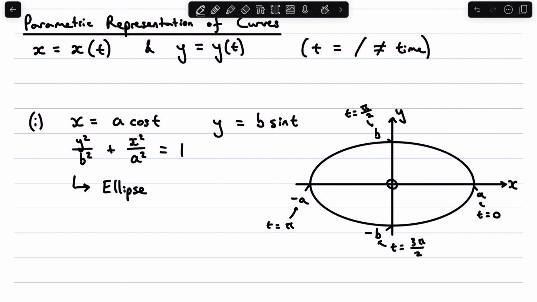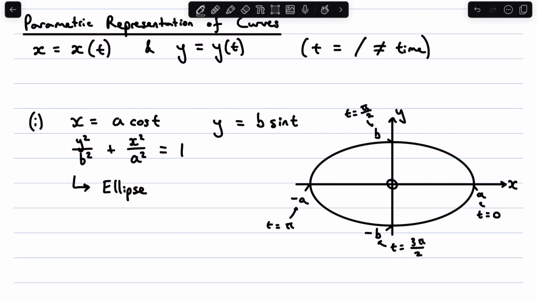And that is going to be at 0 and pi, and then when y is b or minus b and sine is 1 or minus 1. So we have t equaling 0, pi over 2, pi and 3 pi over 2 to get round to each point that crosses the axes. And obviously adding 2 pi to each of these t values will result in the same point, due to cos and sine being waves that repeat.